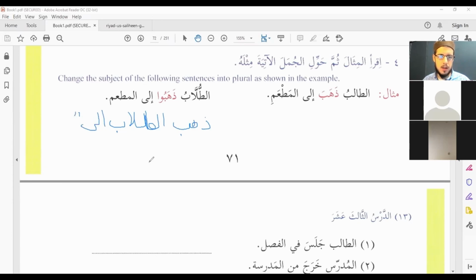Okay, what are my options here as a jumla fi'liya? This is the default syntax of a jumla fi'liya: fi'l, fa'il, and then maf'ul, which in this case is a prepositional phrase, ila al-mat'ami.